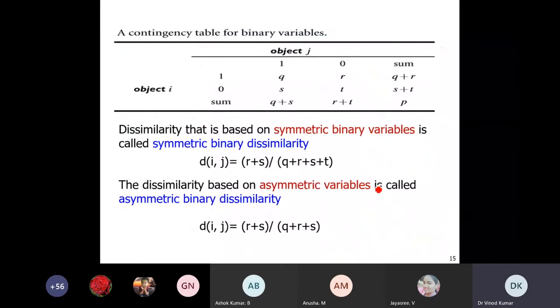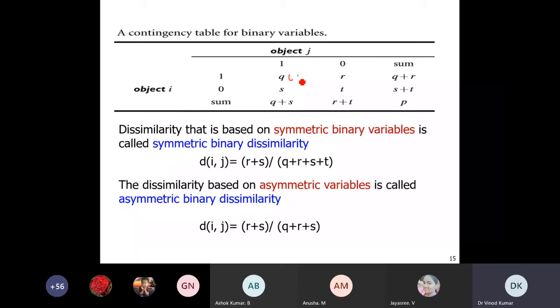Okay, so how is the dissimilarity measured for binary symmetric and asymmetric variables? This is the formula. You can see one contingency table is there for binary variables. See here, the coding for this is 1 0 and here 1 0.